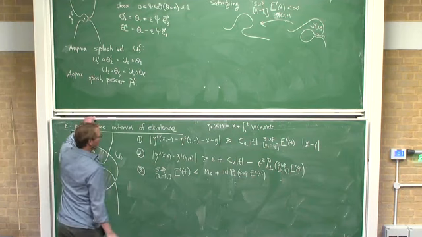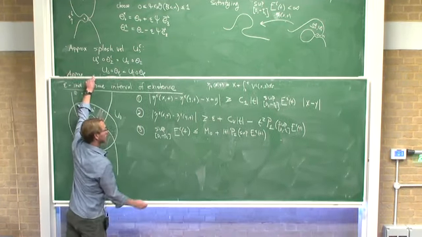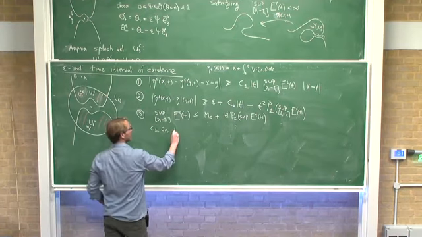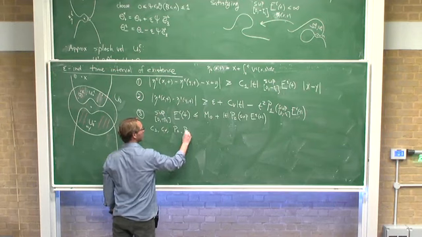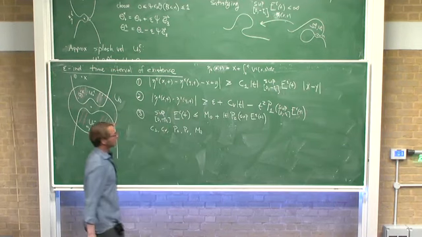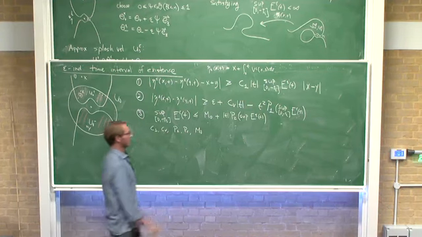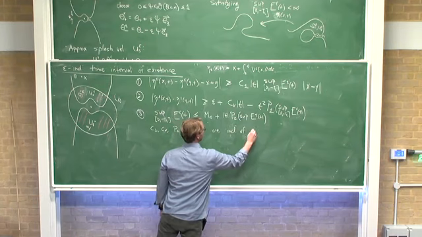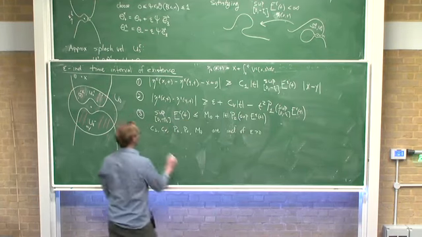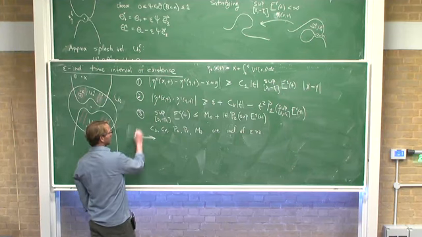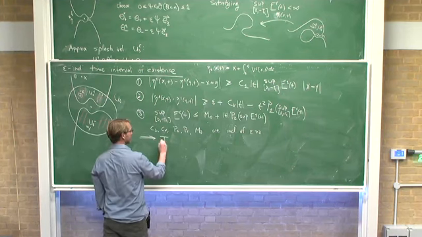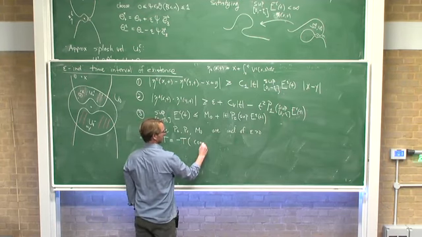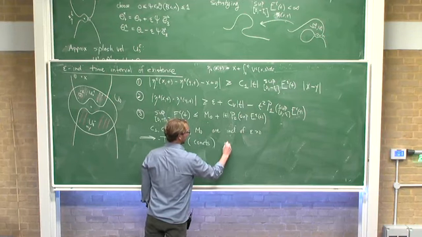And then if you put 1, 2, and 3 together, the crucial thing is that these constants C1, CV, the polynomial P1, P2, and the number M0, which is the norm of initial data, are independent of epsilon. So 1, 2, and 3 together lead to a time of existence minus t, which only depends on these constants and is independent of epsilon.